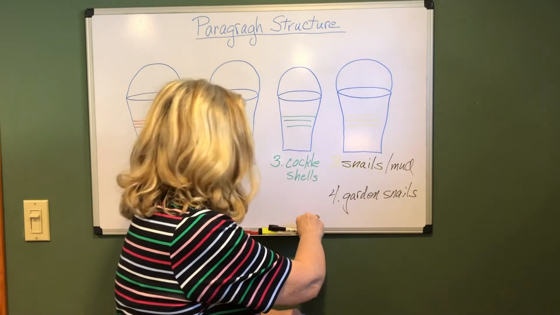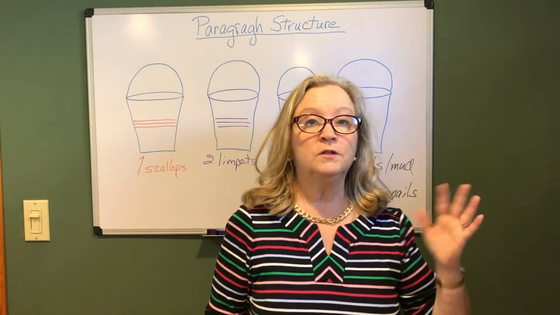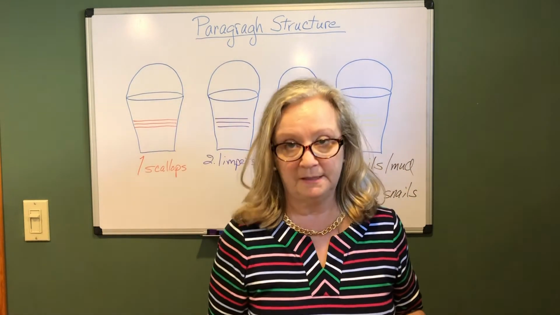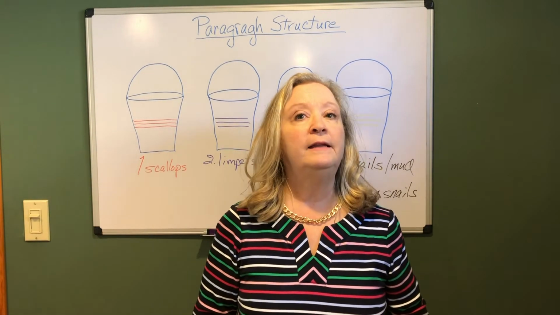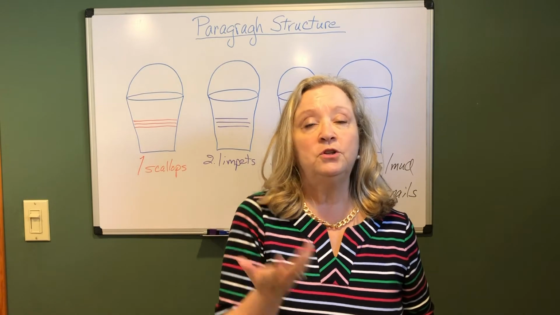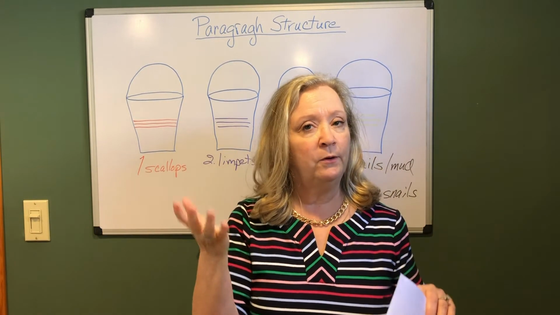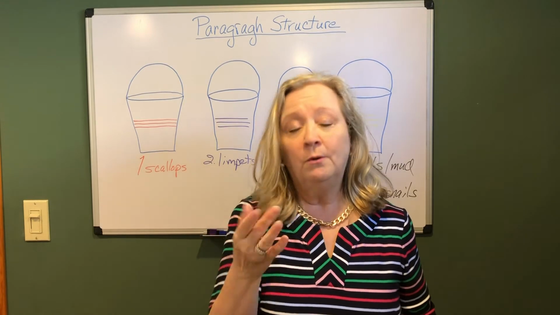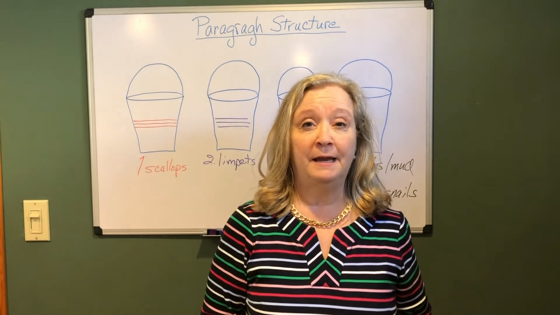Now, you could go on and on talking about snails for as long as you want, writing about snails, getting all your information about snails down in nice, neat paragraphs, which you can think of as buckets. How long will each bucket or paragraph be? Well, it depends on you. Depends on how much you want to say about them and how much you know to say about them.